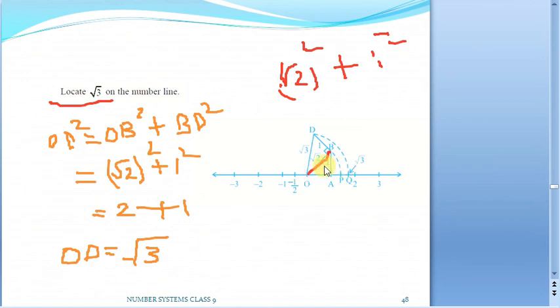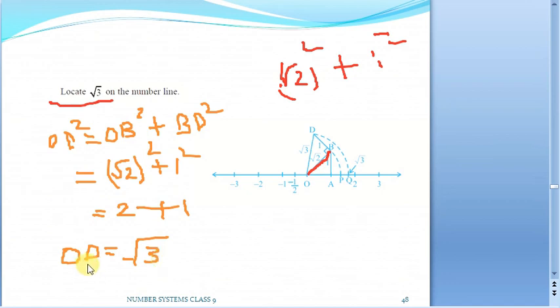Now OB is root 2 from our previous discussion. So this is root 2 square plus 1 square. Root 2 square is 2, plus 1 is 3. So OD square is 3. That means OD will be root 3 only.